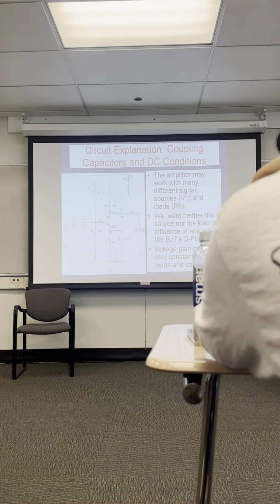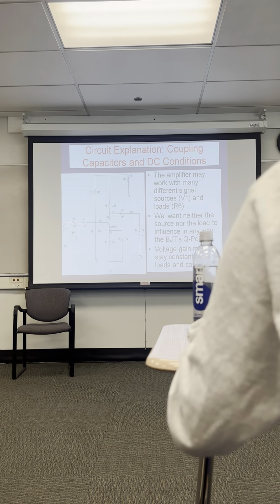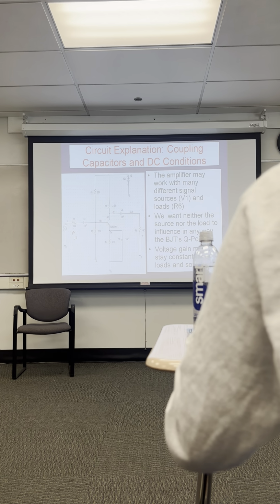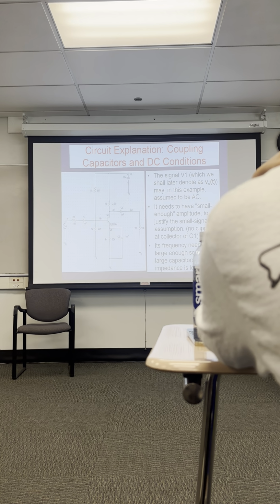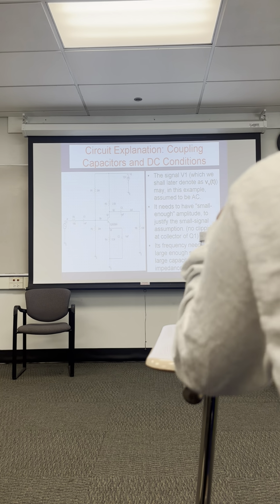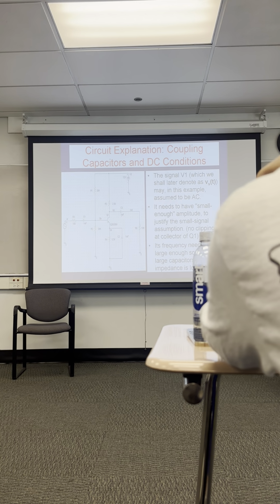Whether this is AC or it could be a pulse, the circuit will basically amplify. And if we keep the input signal low enough, then we won't have clipping or distortion. The AC signal is on the input. The capacitors here are 1 mF, 1 million microfarads, that's definitely way too large for a real capacitor.